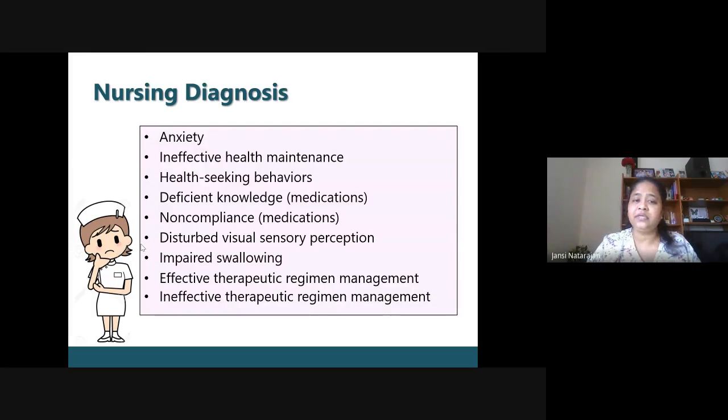Health seeking behavior is relevant to the vaccines. Okay, most of the time we need to take a vaccine, or I want to know whether I have any allergy, or I want to know whether I have tuberculosis. So the health seeking behavior of the patient makes us give some injection to them.